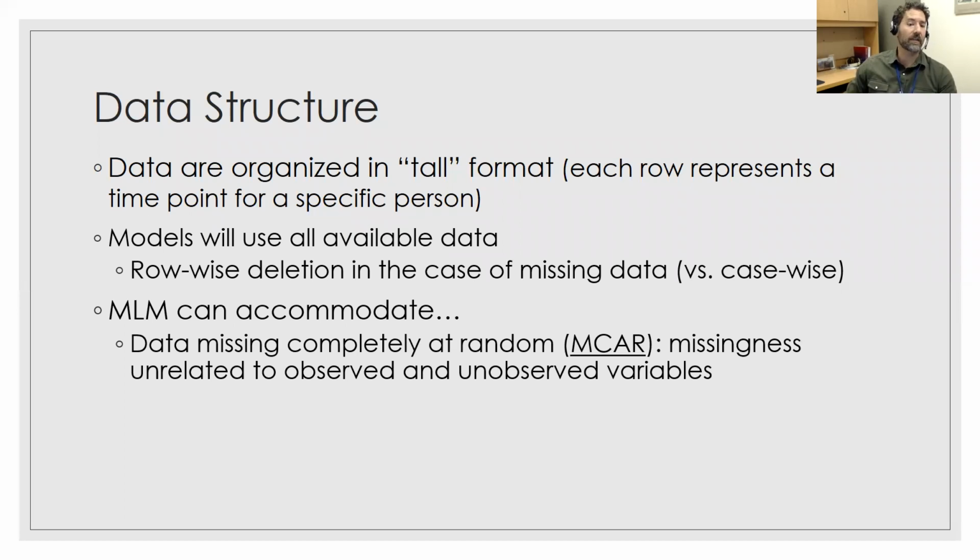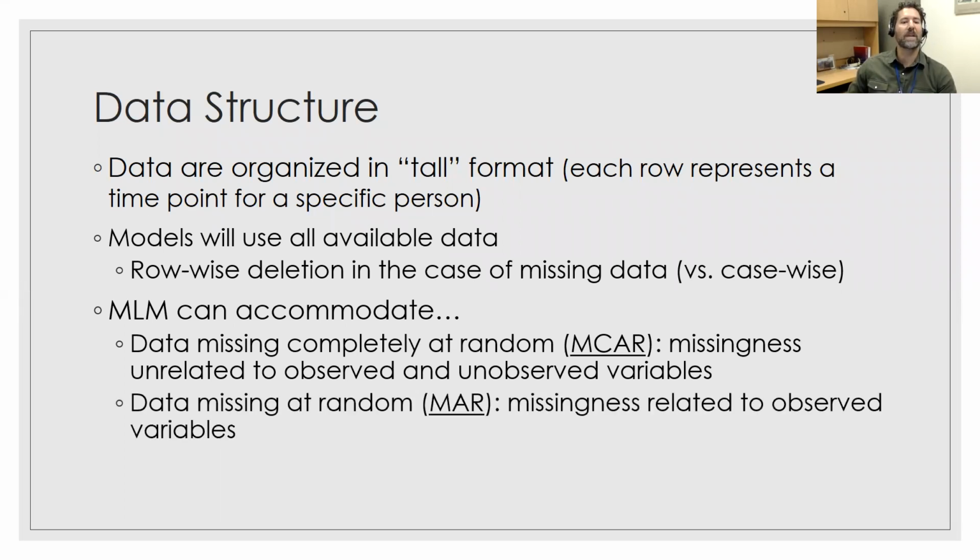There's a second scenario in which data are considered missing at random, so not missing completely at random. And this is a little different. You know that your data are missing at random if you can predict that missingness with the data that you have. For instance, say you get a political survey in the mail and you're feeling really politically engaged, so you plan to fill it out.